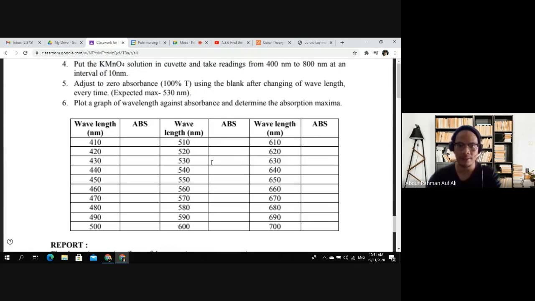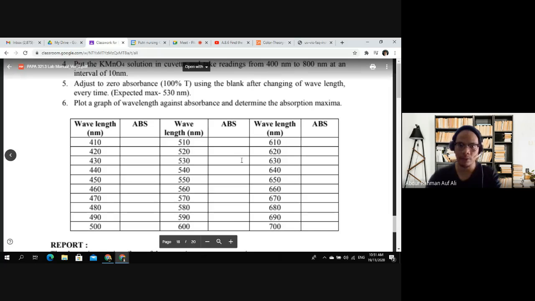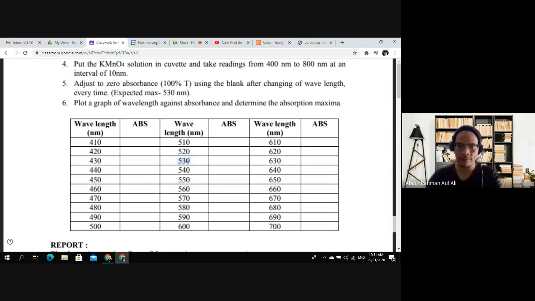So this is the lambda max. We look at which absorbance is highest at which wavelength. So if 530 is highest, then 530 is the lambda max for potassium permanganate. This is the maximum wavelength where it absorbs the most energy, the most light.